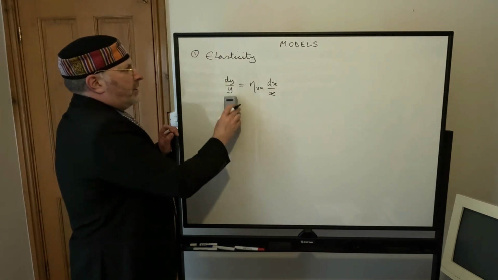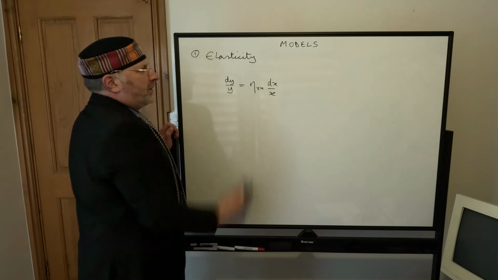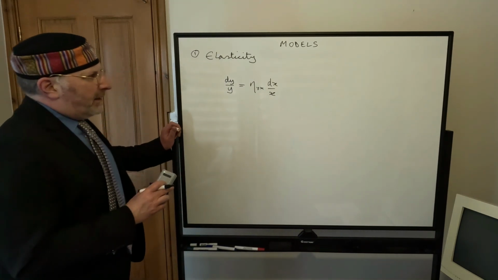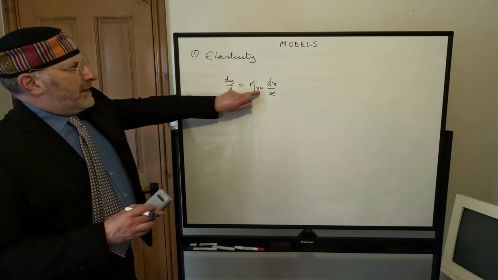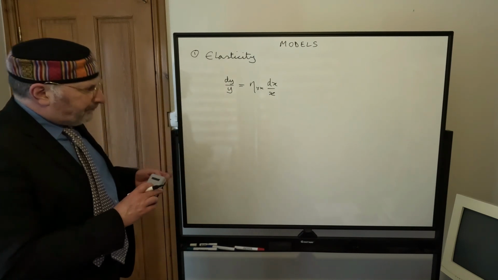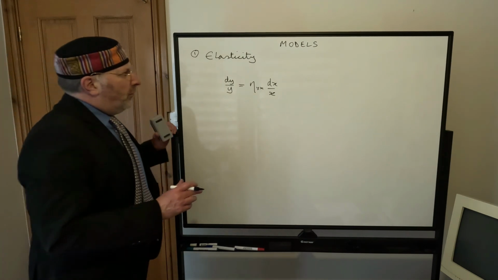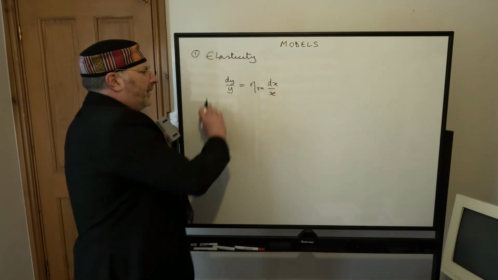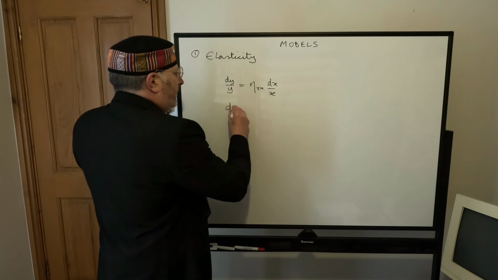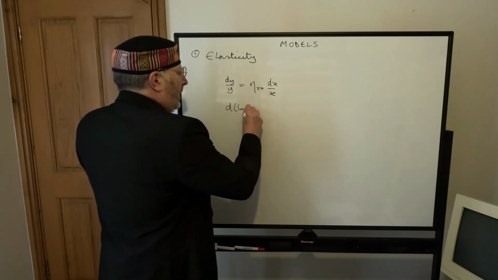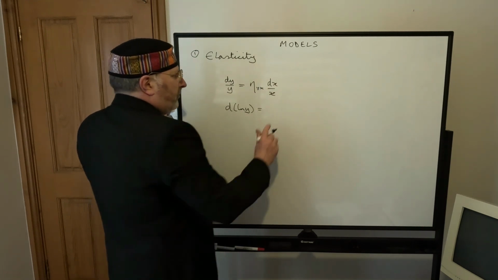The percentage change in y is related to the percentage change in x by this constant, the elasticity, written with the Greek letter eta. So the elasticity of y with respect to x. And we may recall that dy over y can also be written as d of log y, and similarly, dx over x is d of log x.